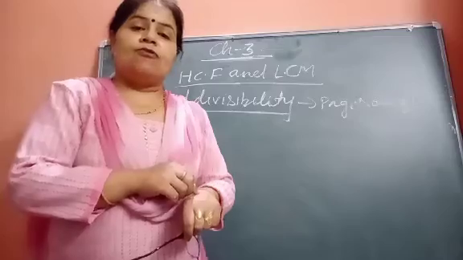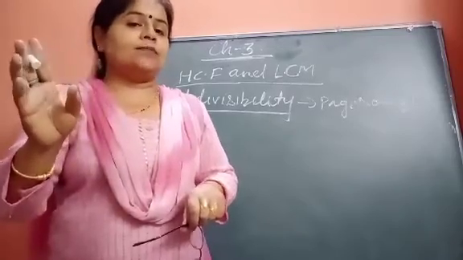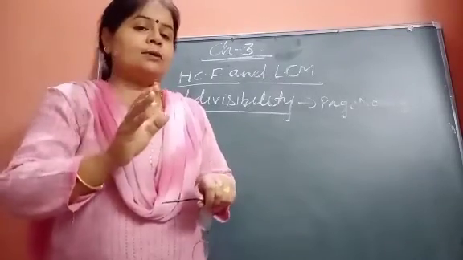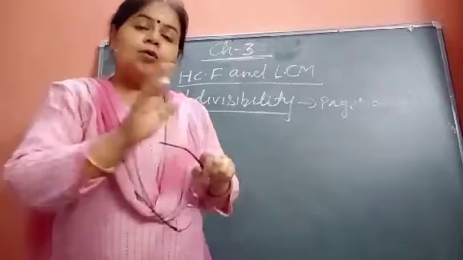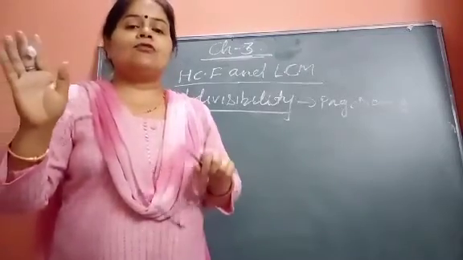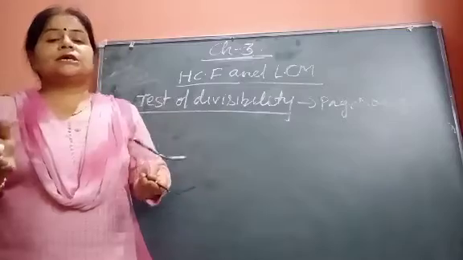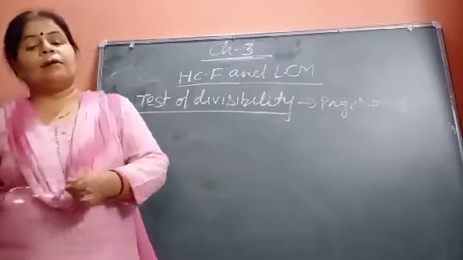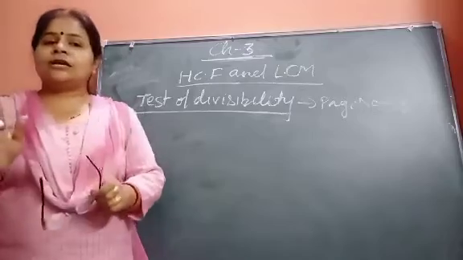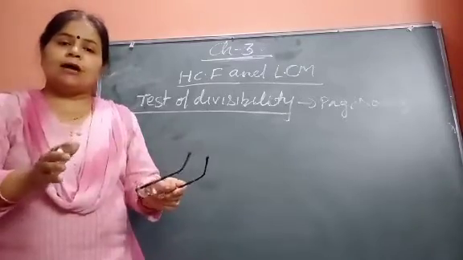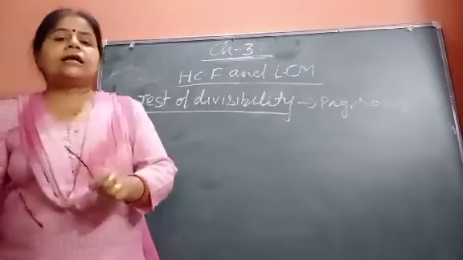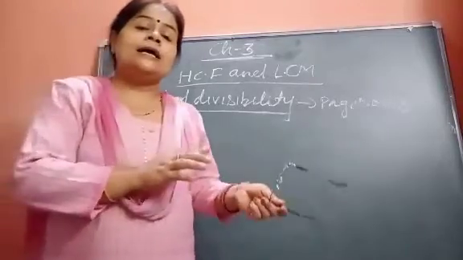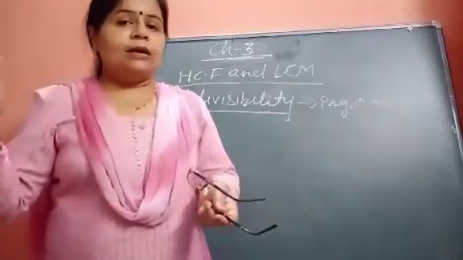For 4, if the last two digits, the units and tens place, are divisible by 4, then the whole number will be divisible by 4. For 5, if the units place is 0 or 5, then the whole number will be divisible by 5. For 6, if the given number is divisible by both 2 and 3, then the whole number will be divisible by 6. There is no divisibility test for 7.